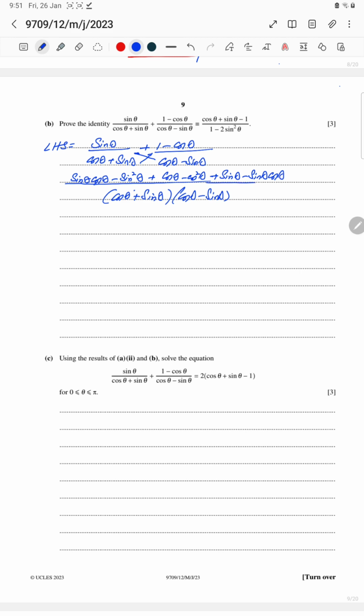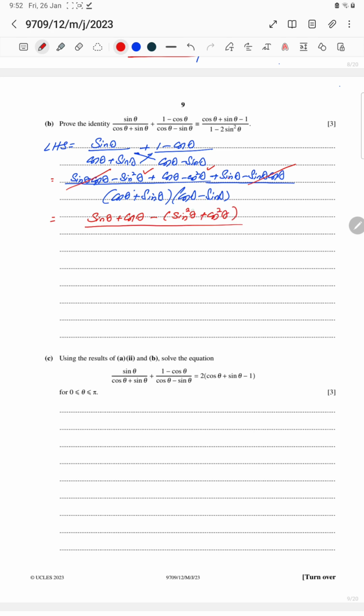Right? So here the sin theta cos theta terms can be cancelled, and nothing else. We have sin theta plus cos theta, and taking minus common from the remaining terms, minus (sin square theta plus cos square theta).